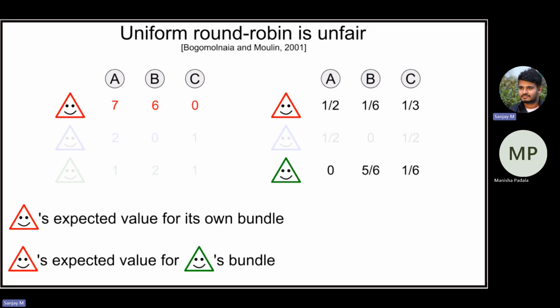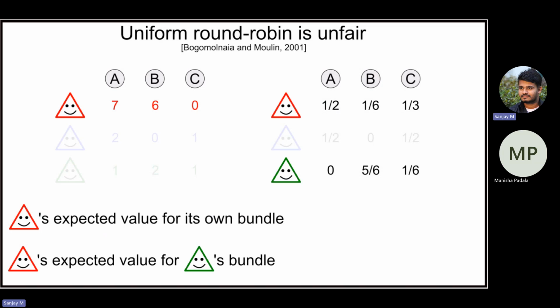Now let's look at how agents evaluate each other's bundles. Let's try to evaluate if there's envy in the system. Let's look at the point of view of the red agent. Red's preferences are given by this top row here. Now the red agent is comparing its own random bundle with the random bundle of the green agent. It's comparing 2 distributions, its own and the one that green agent gets.